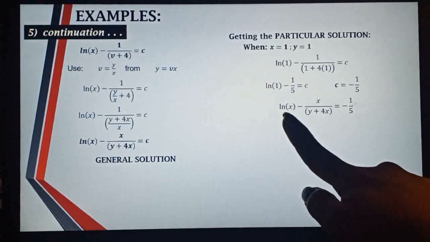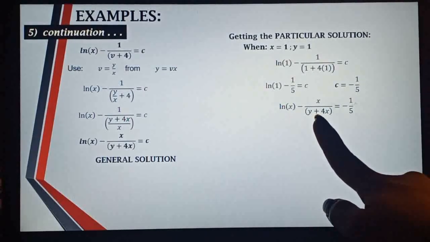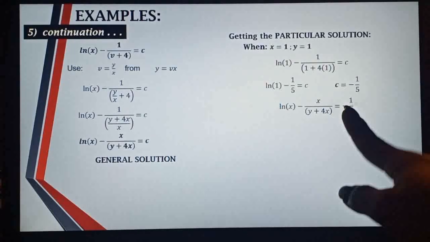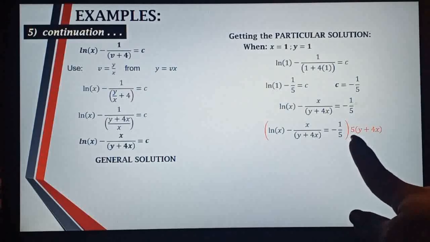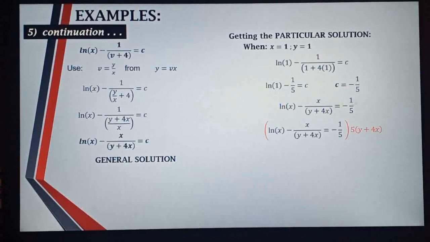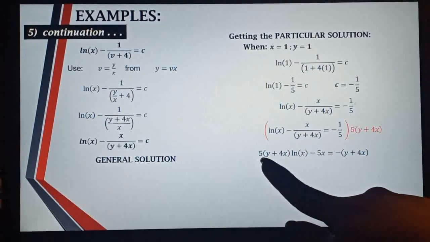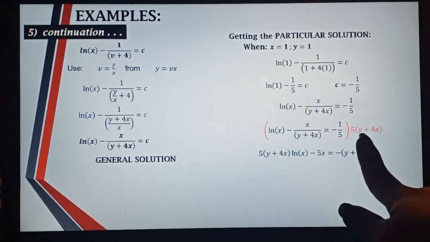You will have now ln of x minus x over y plus 4x equals negative 1 over 5. Then simplifying the equation by multiplying the whole equation sa 5 of y plus 4x, magiging 5 of y plus 4x multiplied to ln of x. Then makakancel si y plus 4x.